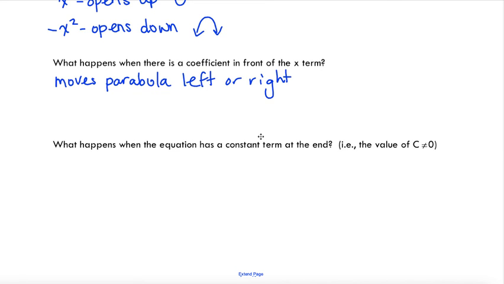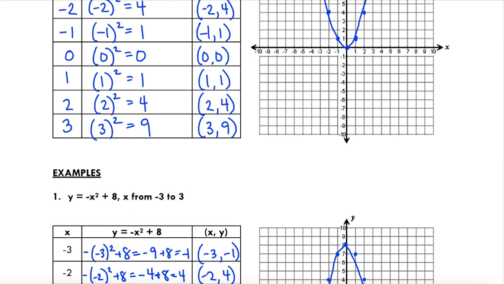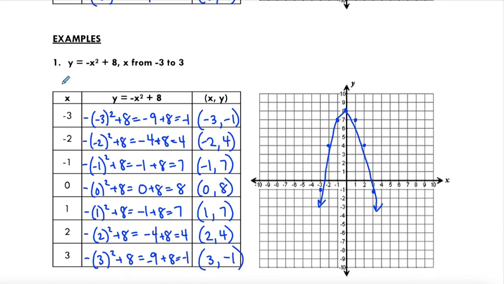And then what happens when the equation has a constant term? If we take a look back at our equation where we had negative x squared plus 8, if our equation was just negative x squared, it would have a vertex at the origin. But this one, it moved it up.